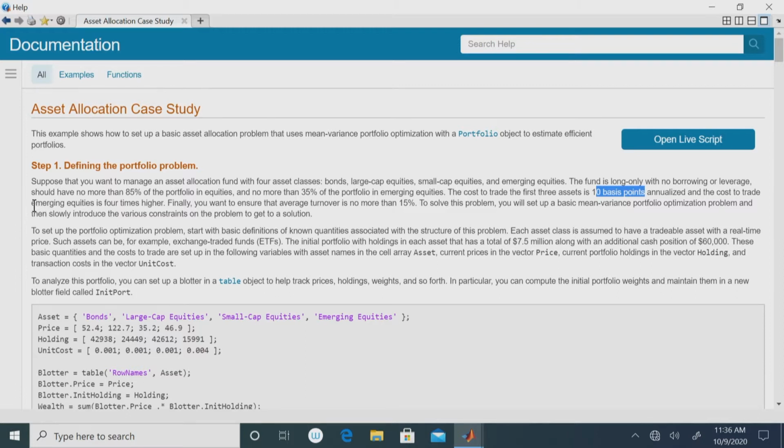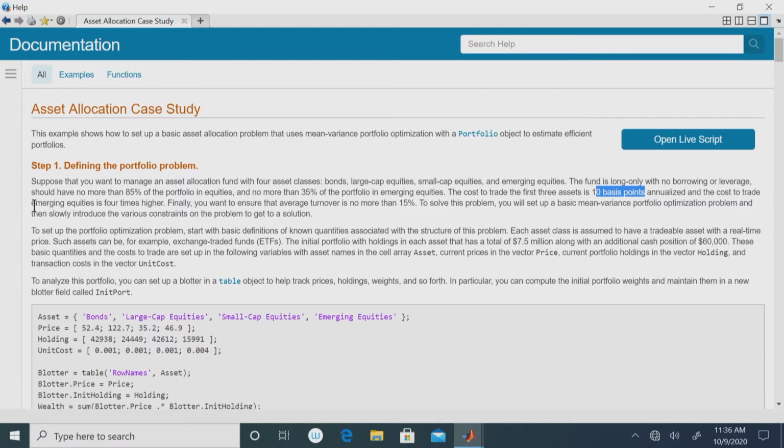And in case of the emerging equities, given the extra riskiness that is associated with them, they will typically have a transaction cost that is 4 times higher. That is 40 basis points, or 0.4%, that can be allowed in terms of the transaction cost.